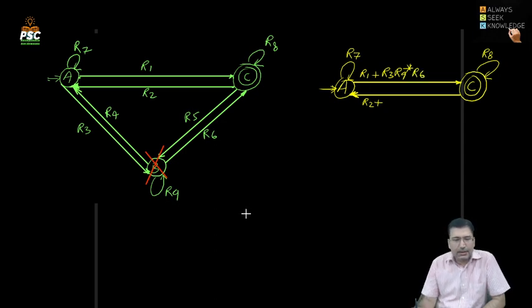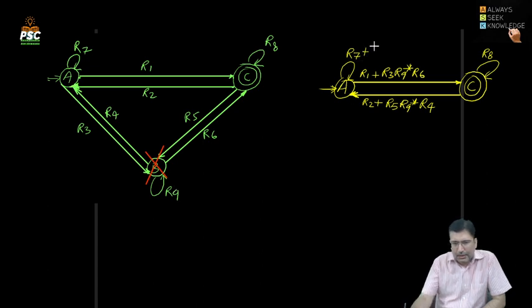I hope you are getting this. Similarly, for C to A, there was R2, but indirectly you can follow R5, R9 star because there's a loop, and then R4. What about the loops? When you are removing B, indirectly there is a loop. You can traverse this loop R3, R9 star, R4, repeatedly.